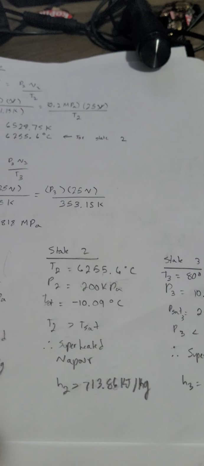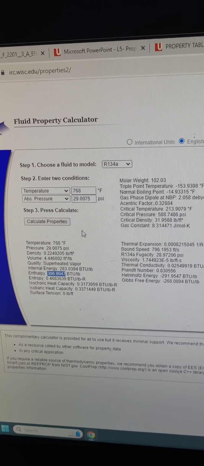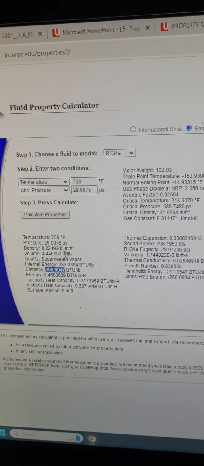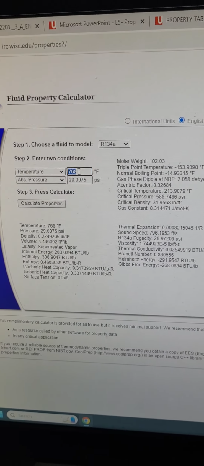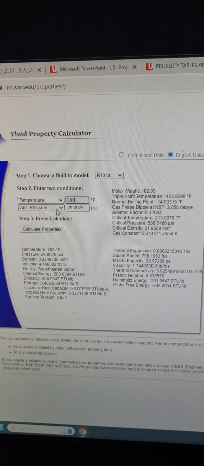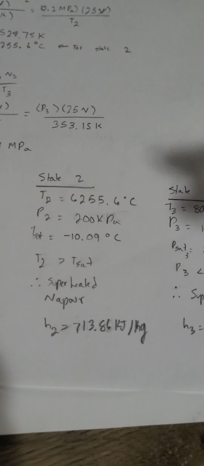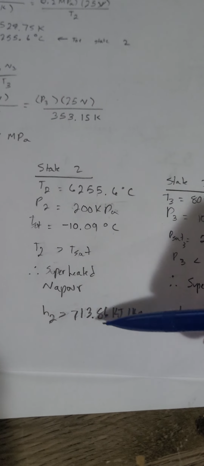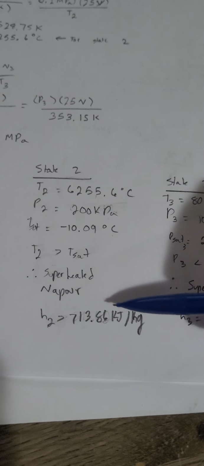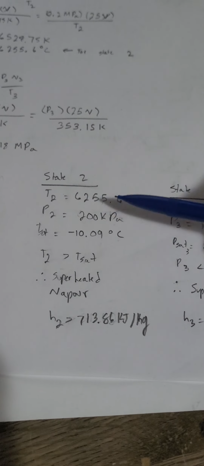It's not possible, so I had to use a little calculator on the internet to see if I could get it, but it gave an undefined value because it's not possible at such a high temperature. So I just found the maximum possible, which would have been around 713. So it would have been greater than that for my value that I found.